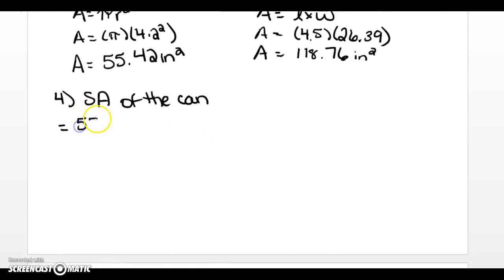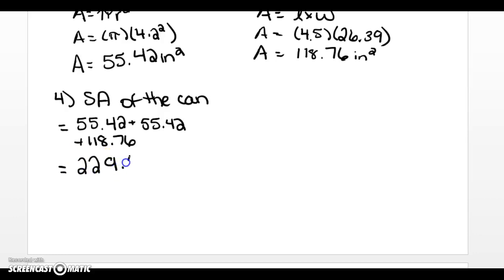So we have 2 circles, so we'll have 55.42 plus 55.42 plus that 1 rectangle, which is 118.76. Add that up, and what we should find is that our total surface area for the can is 229.6 inches squared.